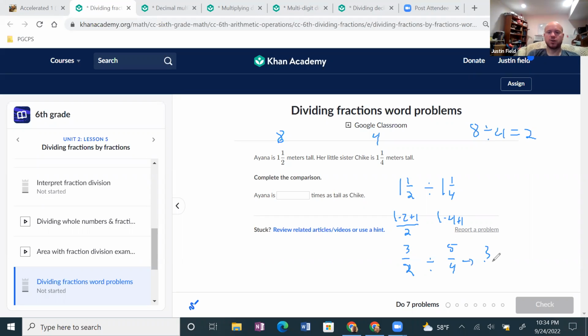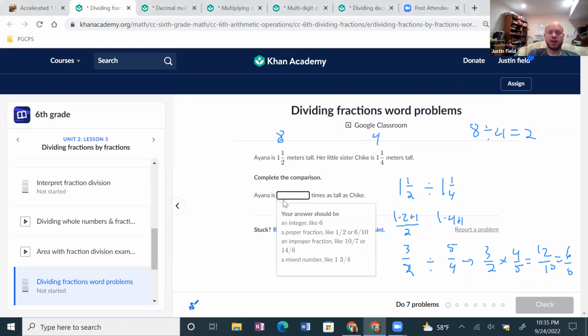Then it changes to flip and multiply 4/5, right? And then that would be 12 over 10. So 12 over 10 reduces to, what is it reduced to? 6 over 5. So Ayana is 6/5 as tall as Chike.